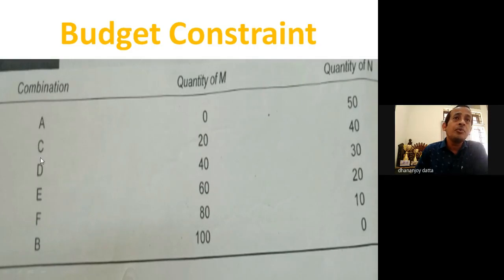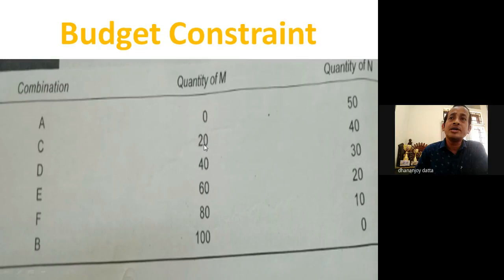Then combination C. In combination C, the consumer has purchased 20 units of M product at rupees 10 per unit. 20 into 10, how much? 200, sorry, 200.